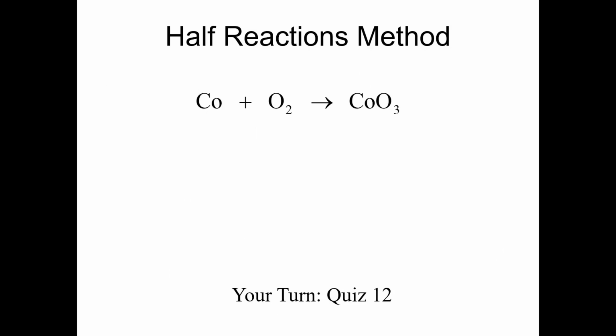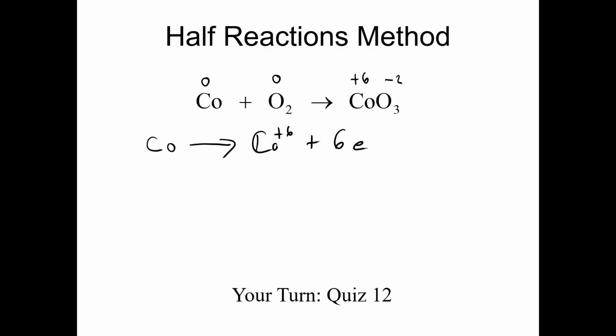Let's do another one by the half method here, right? So here we have cobalt and oxygen. And here oxygen is -2. That means we have 3 times -2. Cobalt has to be +6. So we have cobalt going to cobalt +6 and 6 electrons.